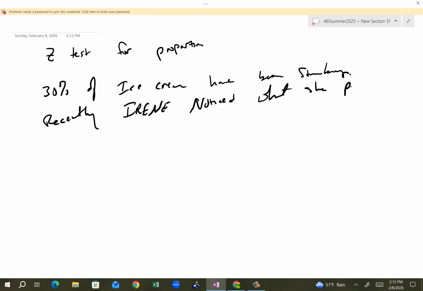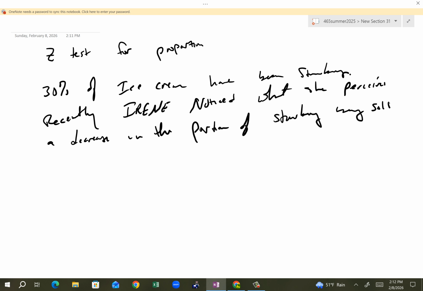In other words, it's a nice way of saying she feels. Perceives a decrease in the proportion of strawberry being sold. In other words, she's paying attention.